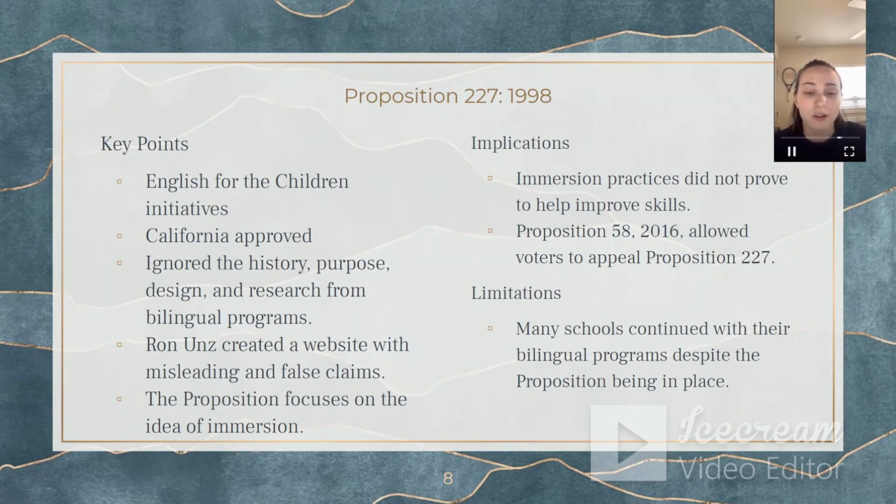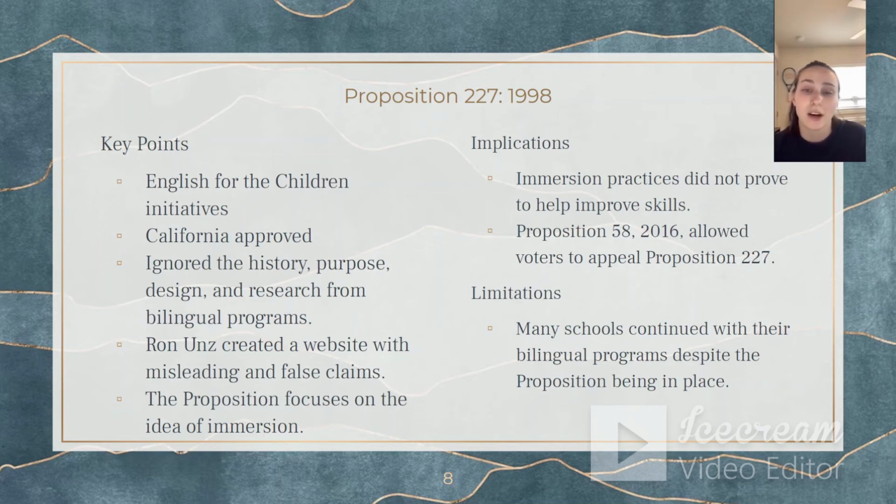Proposition 227 was passed in California in 1998. It was part of a multiple proposition known as the English for the Children initiatives. It was mainly focused on immersion. Ron Unz funded and led the idea by ignoring history, purpose, design, and research from bilingual programs.